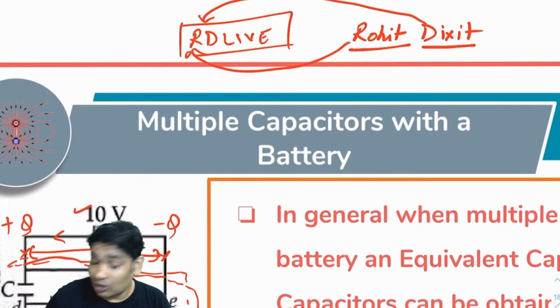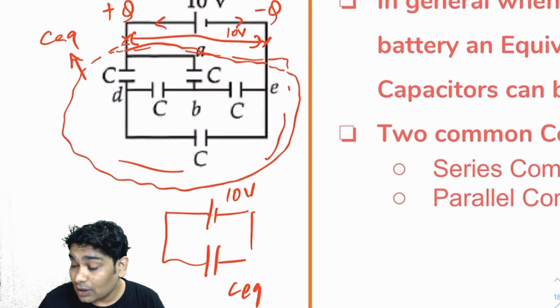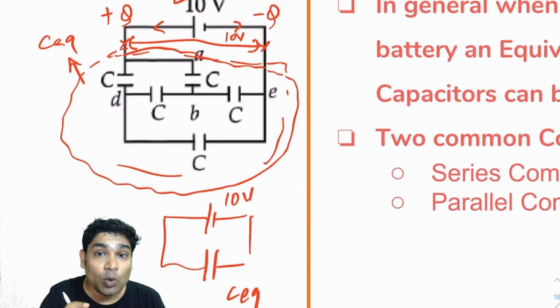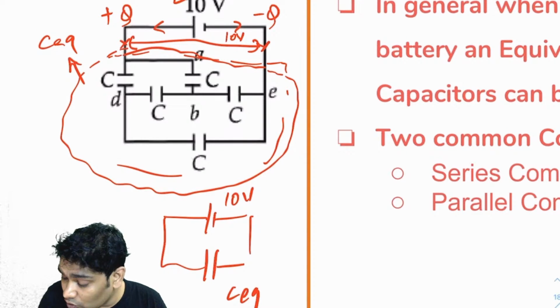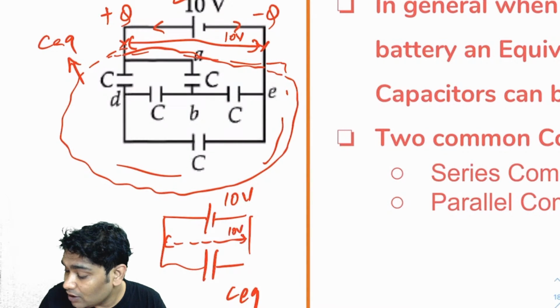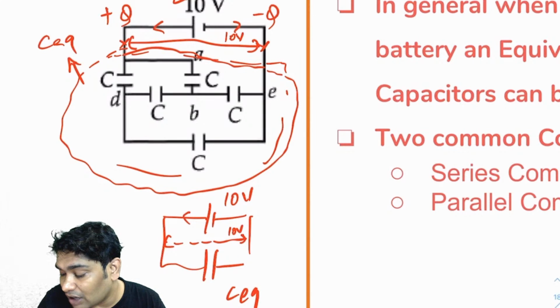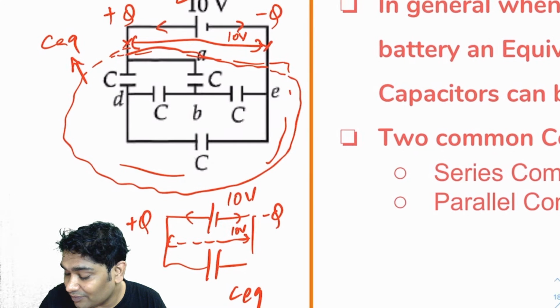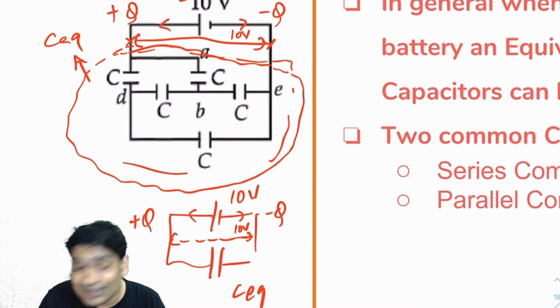Alright. So as I was saying, please remember that when I am deciding the equivalent capacitance, my equivalent capacitor, that single capacitor, what should it be able to do? When it has a potential difference of 10 volt, it should also take up a charge of plus Q from here and minus Q from here. Then I can say that this is equivalent.